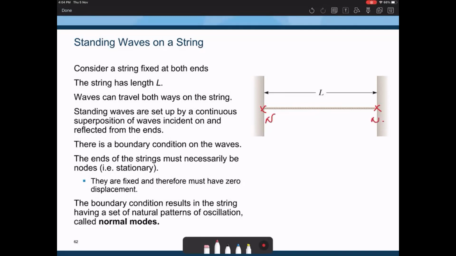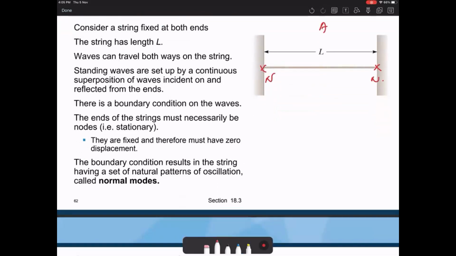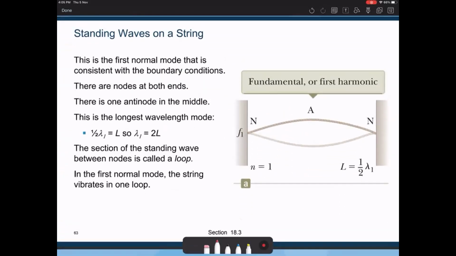When you have the nodes at the two ends, then you would have an anti-node in between. So that is the situation here, where you would have a standing wave pattern that supports two nodes at the ends and one anti-node in the middle.